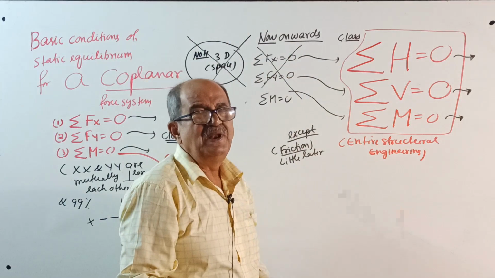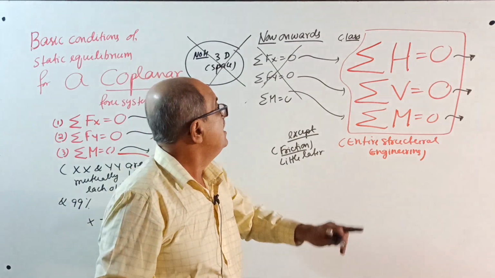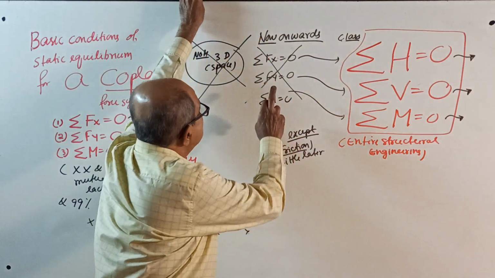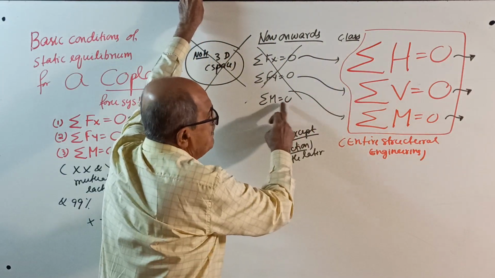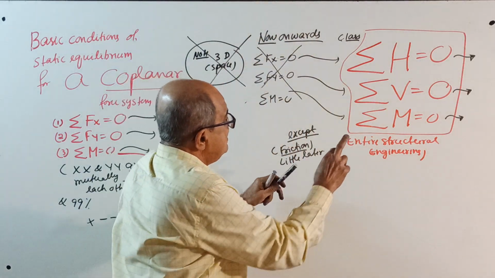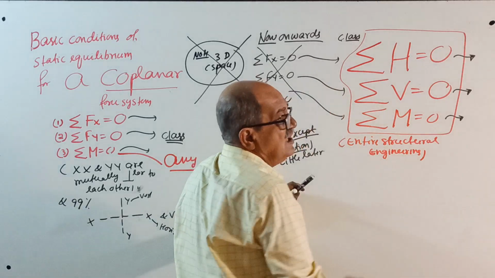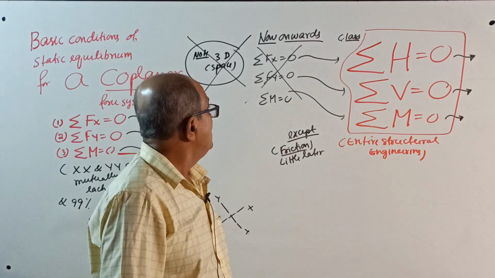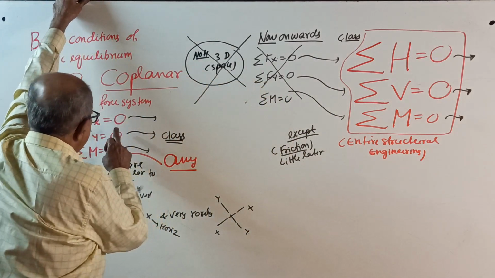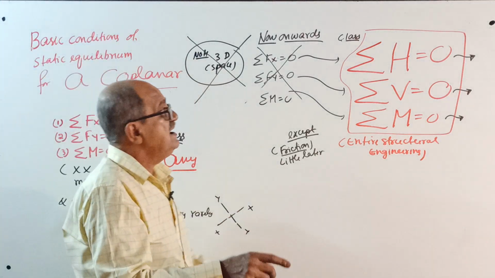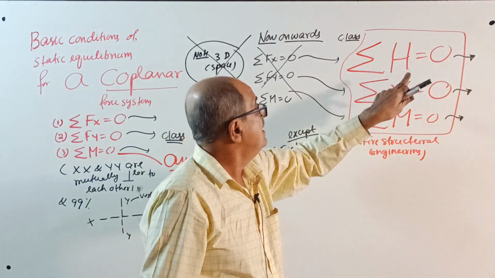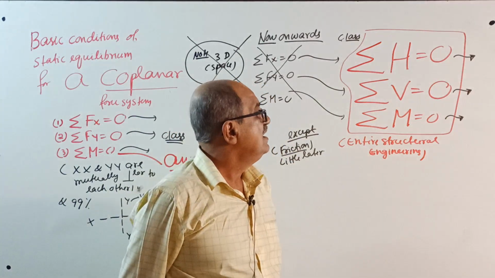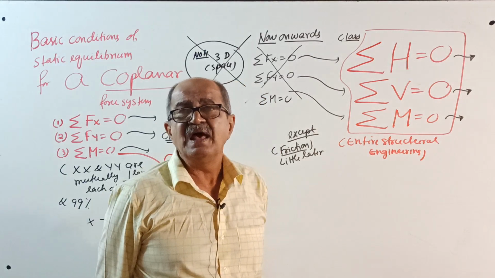You can write it that way, so many people are doing it, but I prefer to use sigma Fx replaced by sigma H, sigma Fy by sigma V, sigma M is sigma M only. For entire structural engineering now onwards, except in the case of friction, I will not write sigma Fx = 0, sigma Fy = 0, sigma M = 0. I will write sigma H = 0, sigma V = 0 and sigma M = 0. I like it. It is more conventional and more clear.